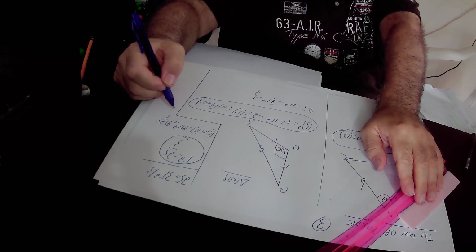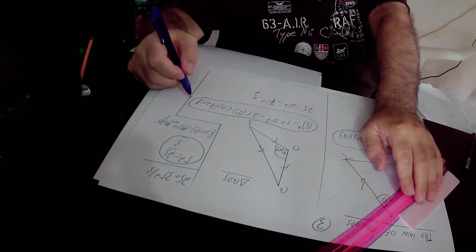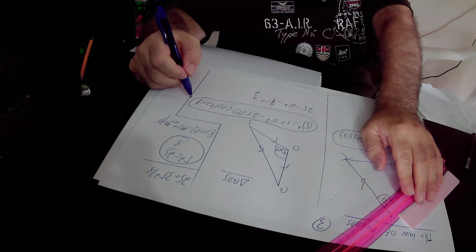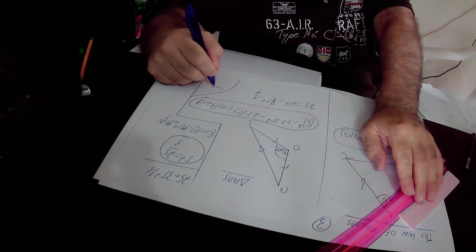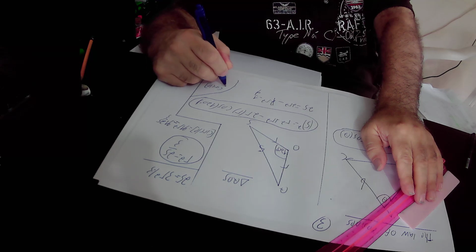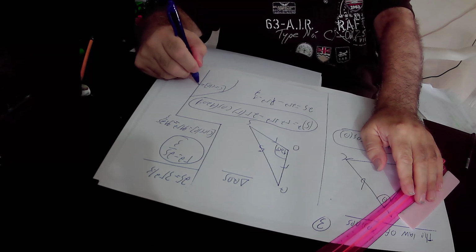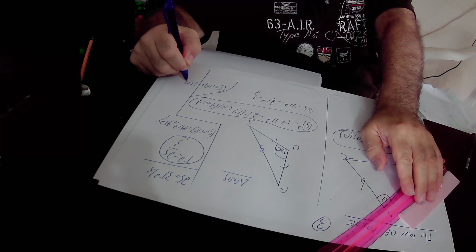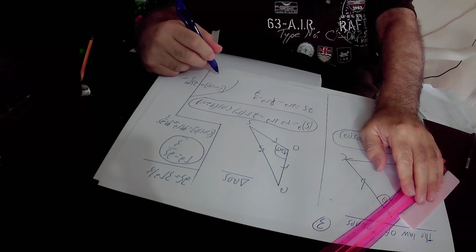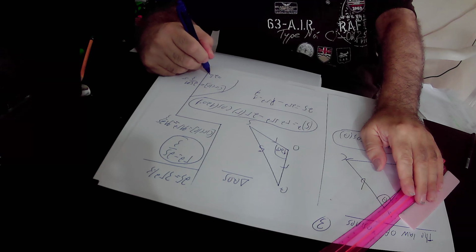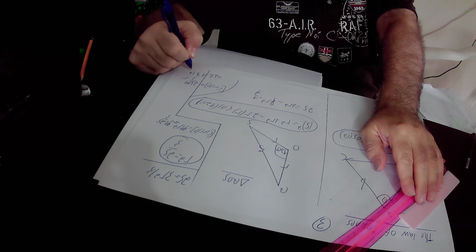So in conclusion, we found out that the area of the circle is equal to 25 pi over 3 square units, or in terms of numbers is equal to 26.18 square units.